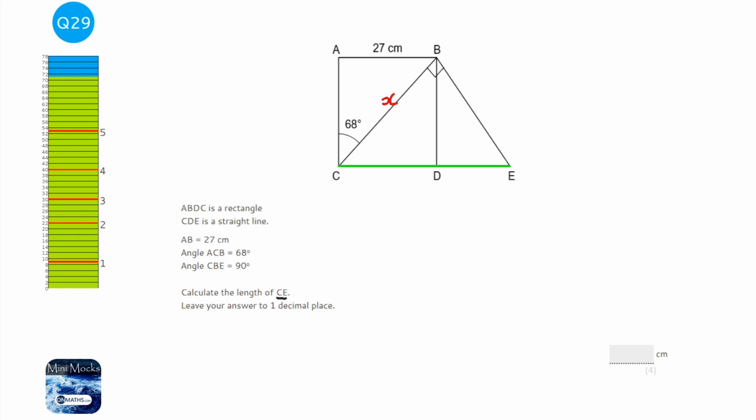And I realise that it needs to be trigonometry, because this is a rectangle, that's a right angle. So I'll need to use trigonometry for it. So we've got opposite and we've got the hypotenuse. So we're going to use sine. So SOH. So it's going to be sine 68 equals 27 over x.